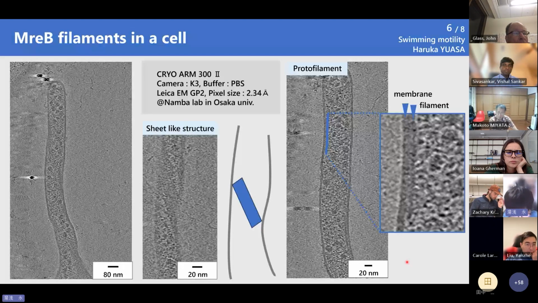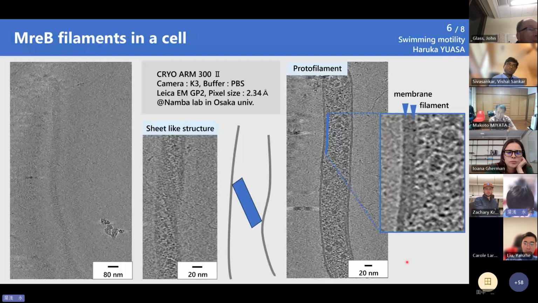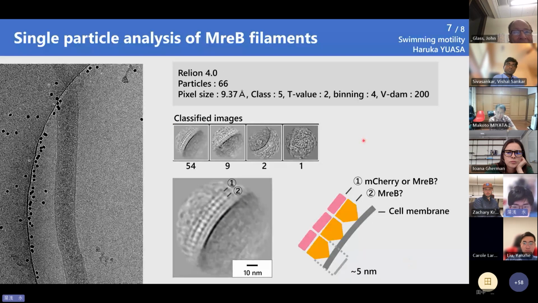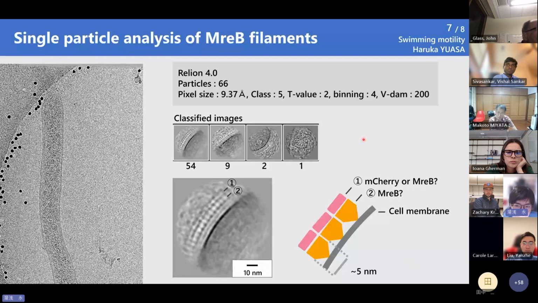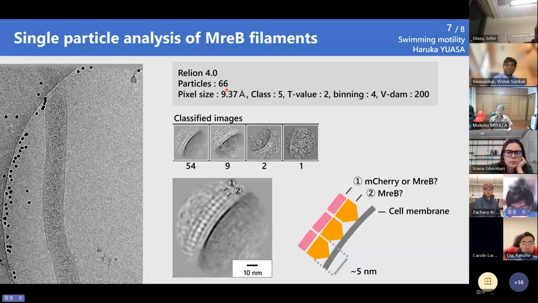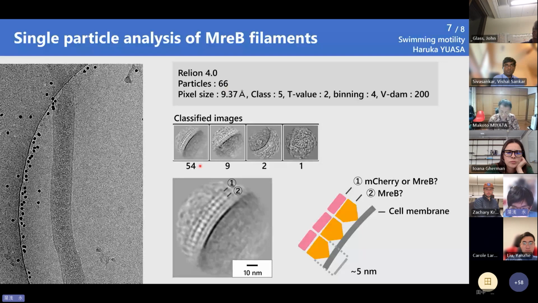Next, we tried visualization of MreB alignments. So we analyzed a detailed filament structure near the membrane. We picked 66 particles of filament, and they were classified into 5.